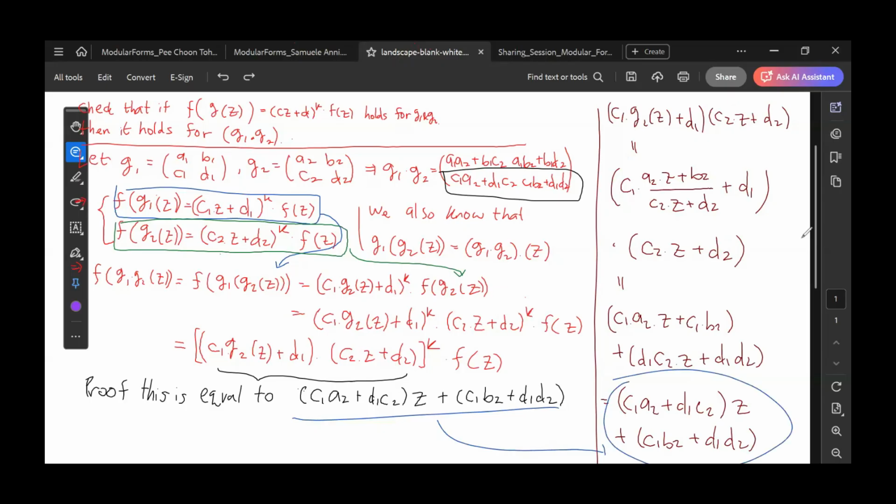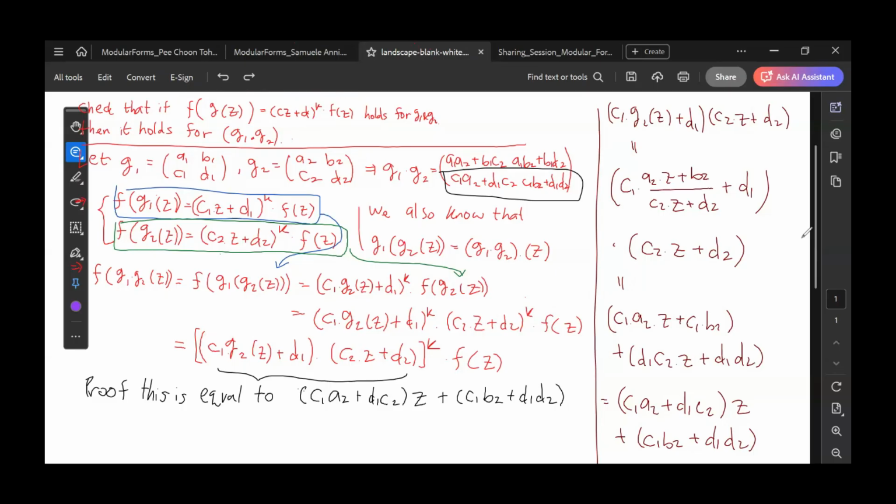So if we have proved this, that's why when at first we defined the modular function, we could simplify these properties so that you only need to check it for the matrices S and T, right?